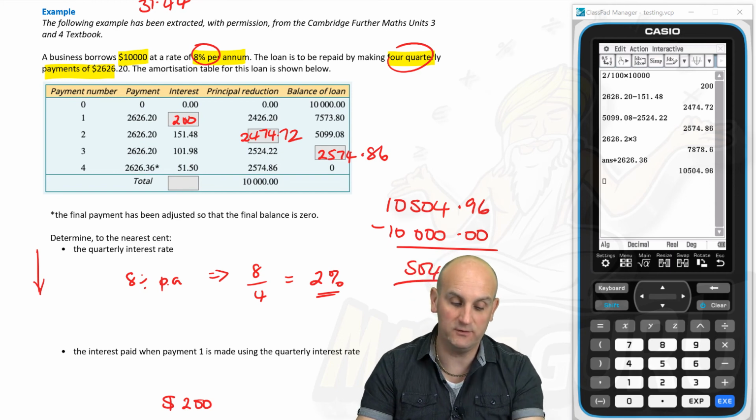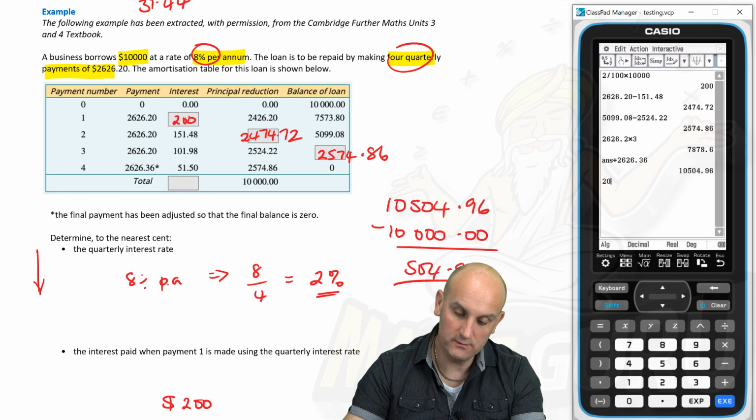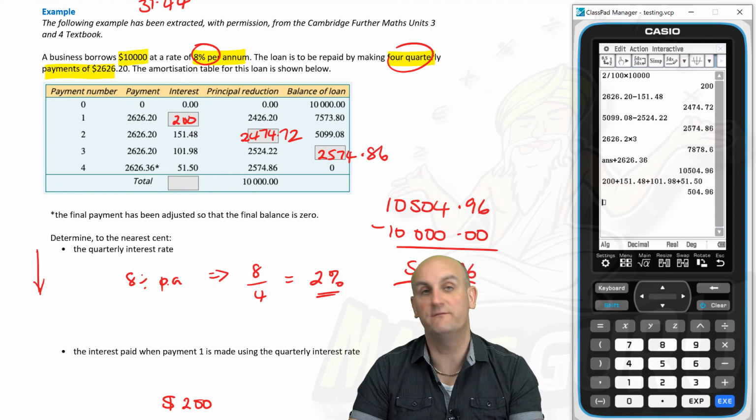But is there another way of doing this? I should add all the interest. So let's just do 200 plus 151.48 plus 101.98, not minus, plus 51.50 gives us, OMG, $504.96.